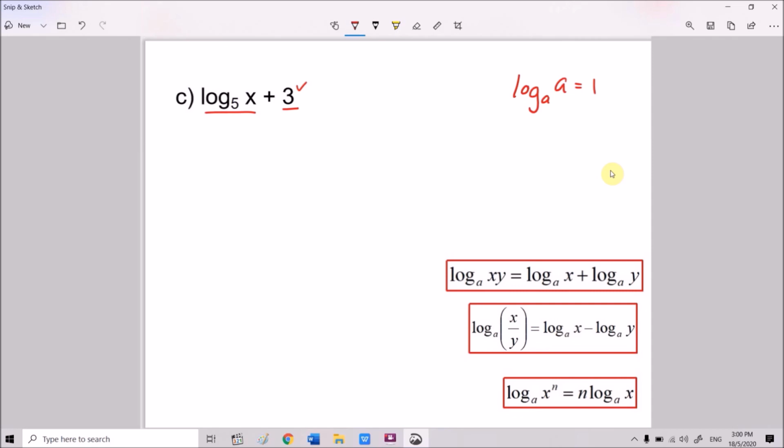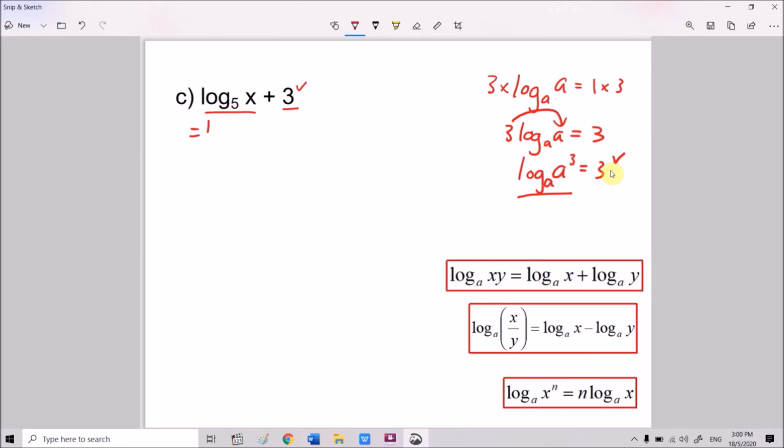So if we multiply both sides by 3, you get 3 log base a of a equals 3. And we move the 3 here using the power law, you get log base a of a to the power of 3 equals 3. So 3 we can convert to the form of log by using this method.